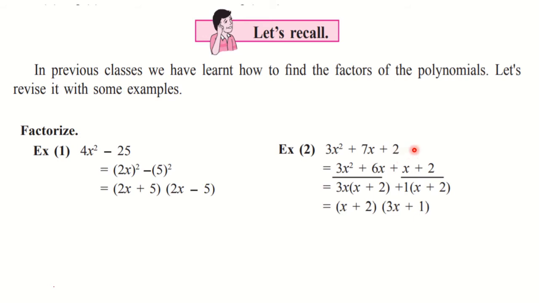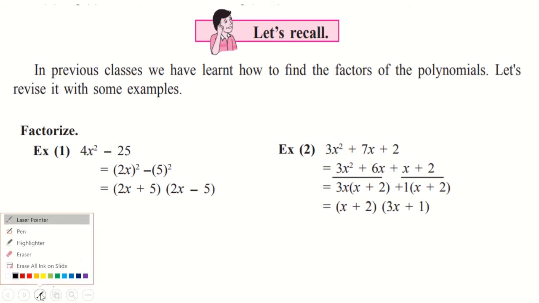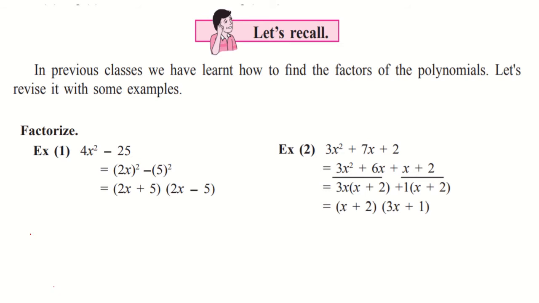Okay, you know that this is a quadratic polynomial. We have seen that a polynomial with degree 2 is called a quadratic polynomial. And in this polynomial, what we have to do is factorize it by splitting the middle term. For that purpose, we are going to multiply the first number, that is 3, and the last number, that is 2.